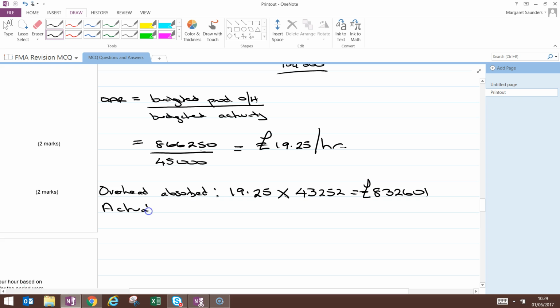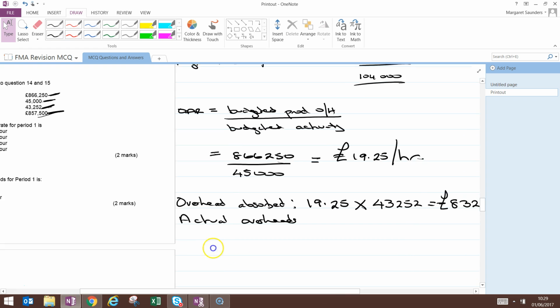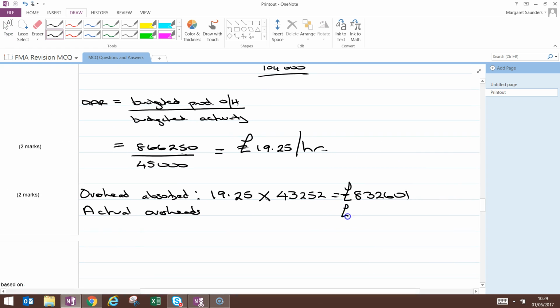What were the actual overheads? Back to the question. Actual overheads 857,500. So the difference is the under or over absorption.